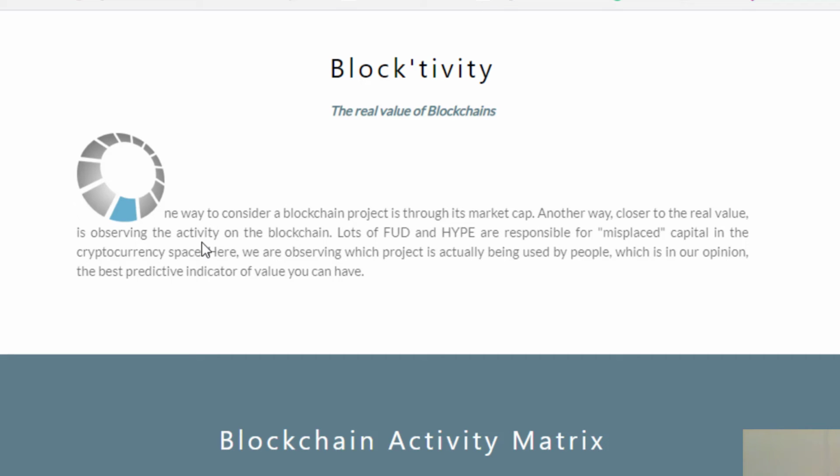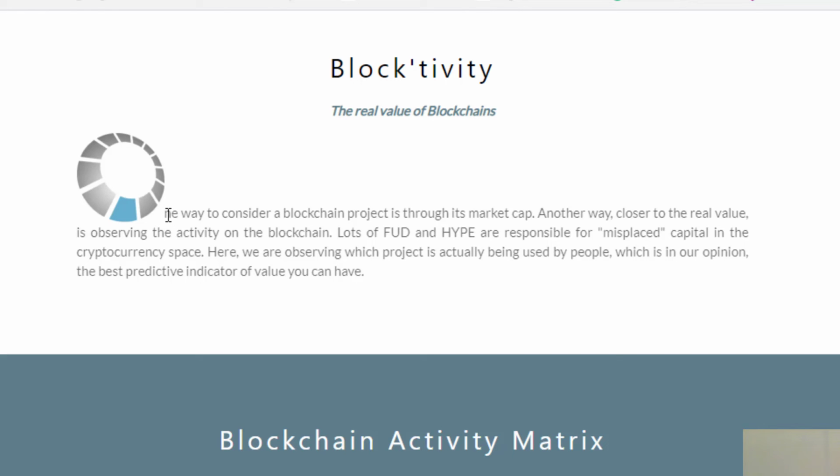It's essentially, instead of looking at the blockchain or crypto asset through its market cap, which is usually done by going to CoinMarketCap, CoinPaprika, or CoinGecko, another way to really gauge the real value of a coin or a crypto asset or part of its blockchain is through its current use on the blockchain. So let me just read this part of the website out.